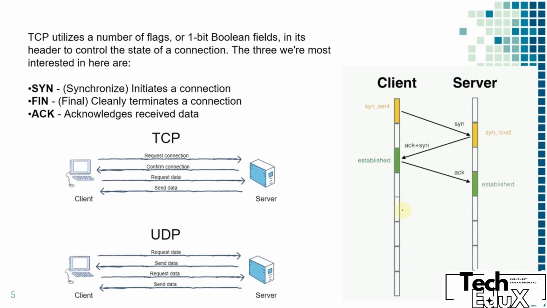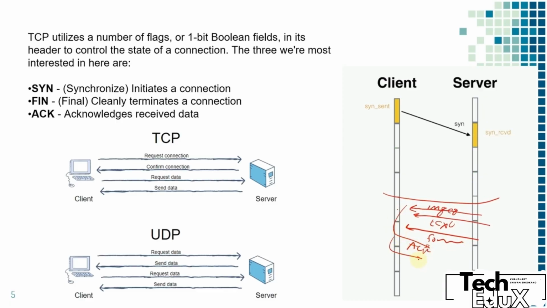Before the page appears on your web browser, TCP has to make sure that connectivity with the server is there, or in other words, whether the server is alive or not. For that, it has to go through a process which I'm going to show you over here.